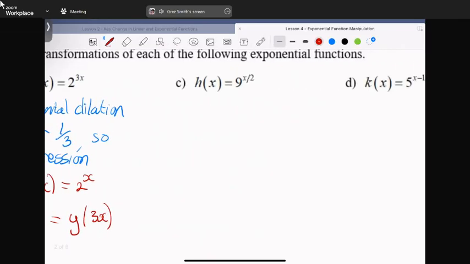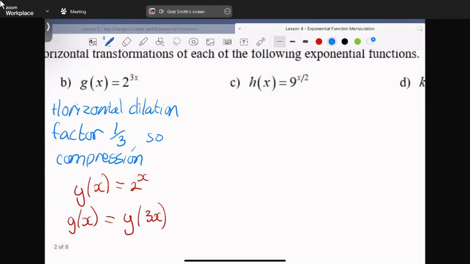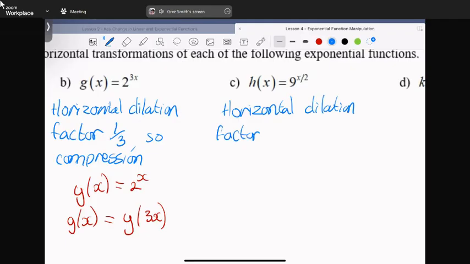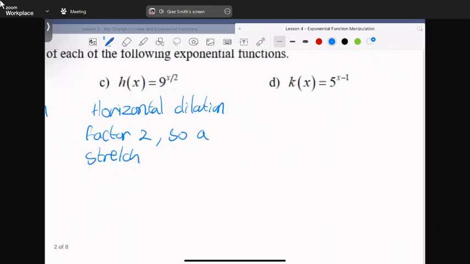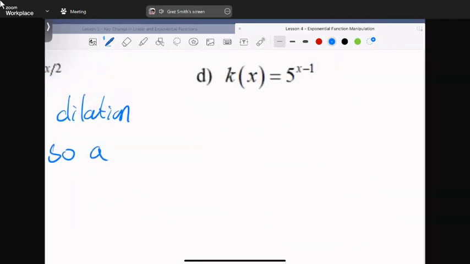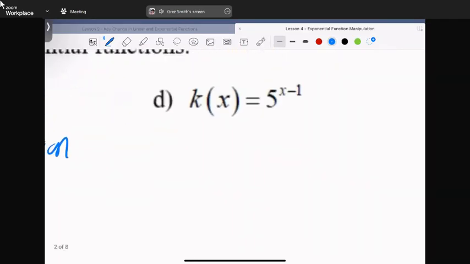Okay, what type of transformation do we have here on this one? Horizontal dilation? Factor 2. So will it be a stretch? What's the horizontal transformation happening here?